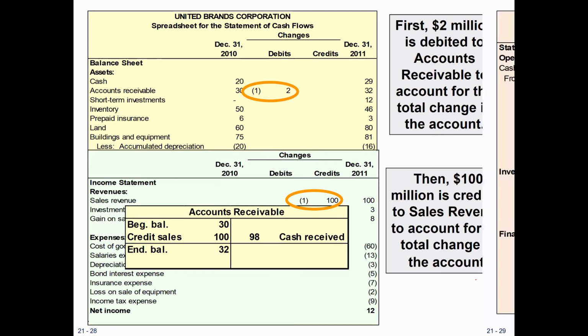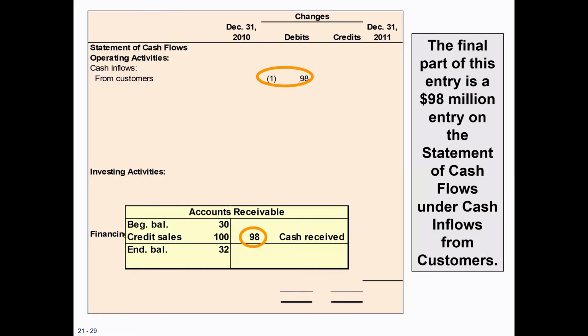So this is a cash flow spreadsheet. Whatever we put here talks about the cash. When we debit cash, it means we have cash inflow, right? So this is the cash inflow from customers, or cash receipts from customers.